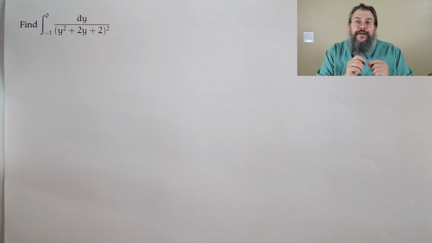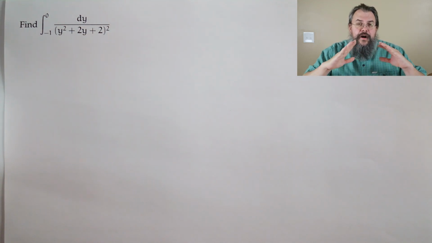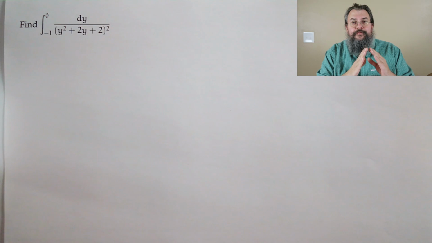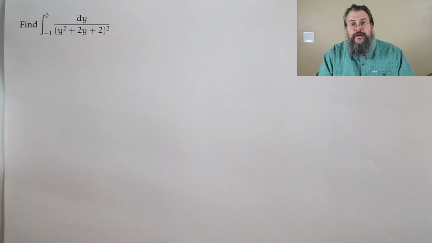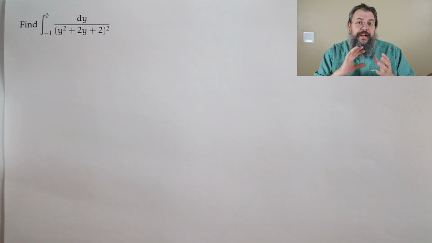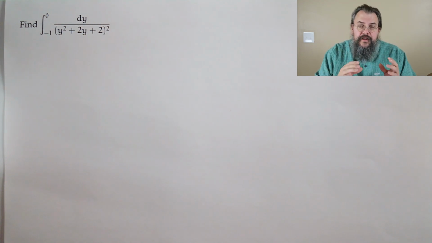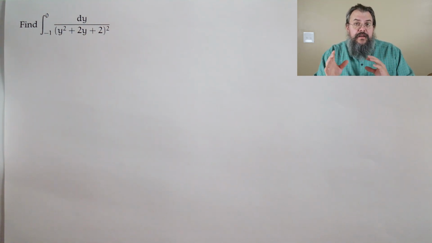So if I have a square plus a square, or a square minus a square, I can use an appropriate trig substitution and oftentimes get it down to a single term, which makes it easier to work with. So even though it may not look like trig substitution applies in settings like this, it can.